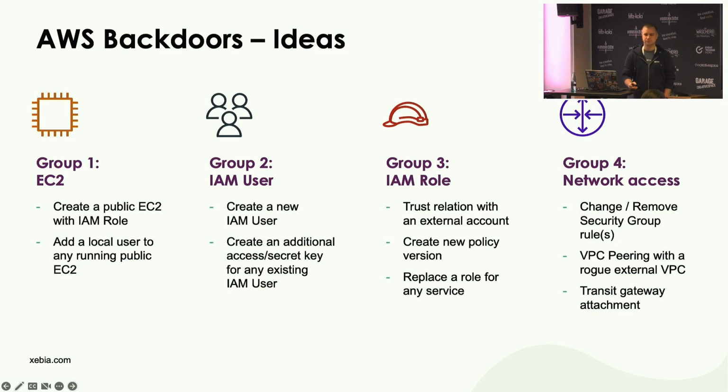You can try to do VPC peering with your VPC on another account, or you can try to set up transit gateway attachment to your account, your or another hacked account, to also get access to someone's network. And these are ideas how to stay there for a bit longer.